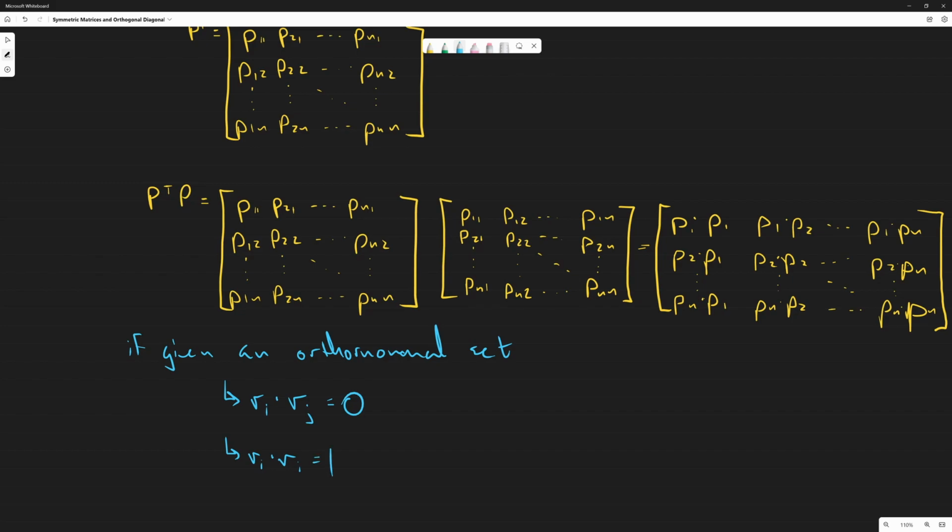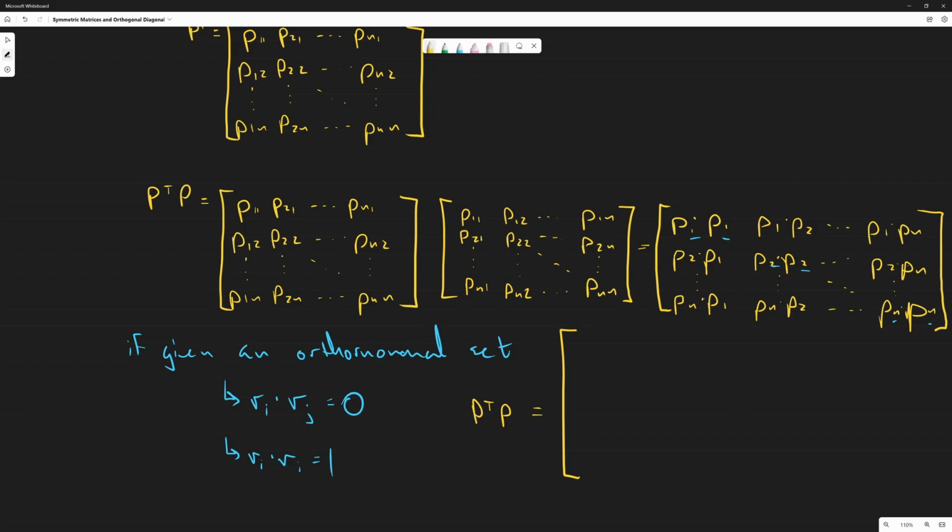And lo and behold, here we have P1 with P1, P2 with P2, and Pn with Pn, and everything else is dotted with a different column vector. So everything on the main diagonal will be equal to 1, and everything else goes to 0.